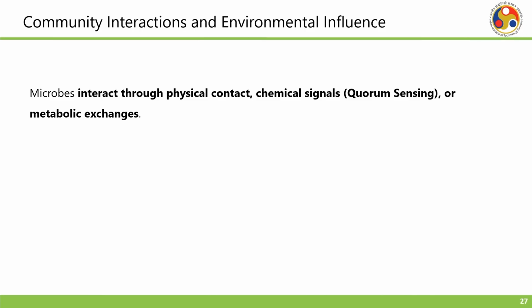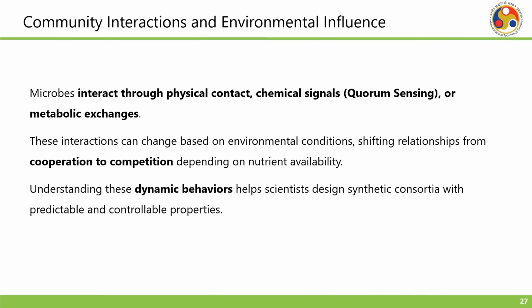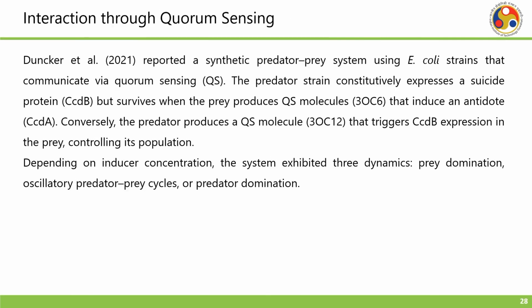So, as a community, they have a lot of interactions and are also influenced by the environment. These interactions can change based on environmental conditions, shifting relationships from cooperation to competition depending on nutrient availability. Understanding these dynamic behaviors helps scientists to design synthetic consortia with predictable and controllable properties.